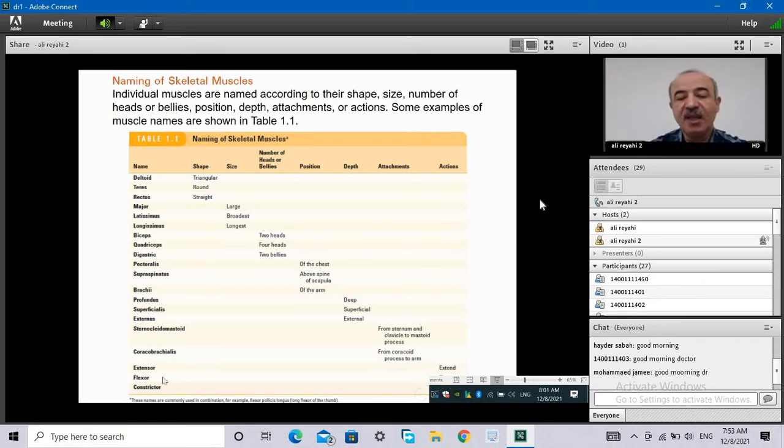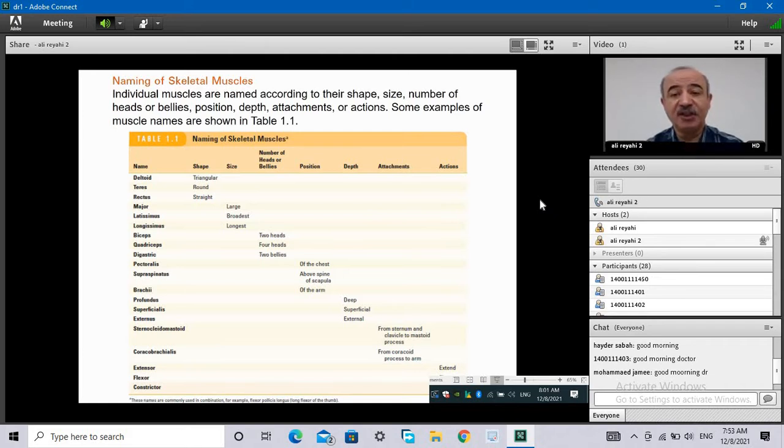Okay, like this, sternocleidomastoid. From the sternum and clavicle, its origin, and it is inserted into the mastoid process. And the action or function of the muscle is an important factor for naming of the skeletal muscle.